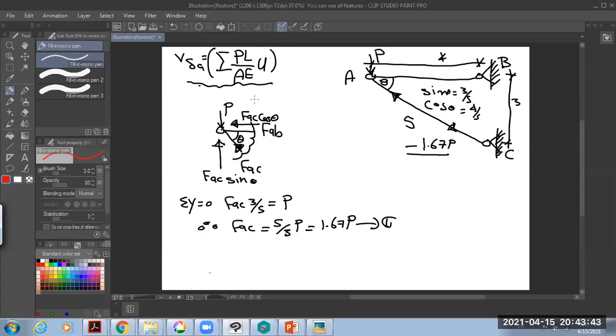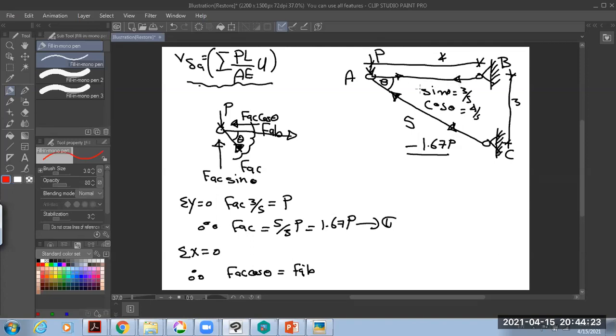Sigma x is equal to 0. Means what then? Then F_AC cosine theta equals F_AB. If F_AC is in this direction, for sure 100% F_AB is in this direction. That means this is a tension force. Why? Because it is pulling your finger. Okay, tension force.